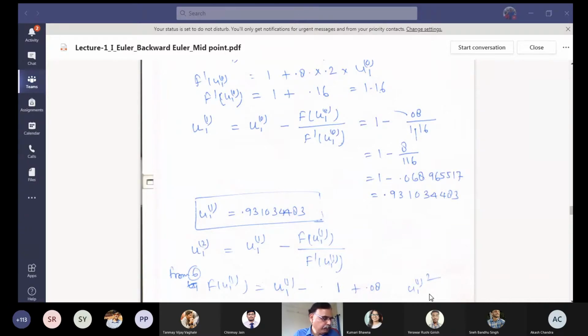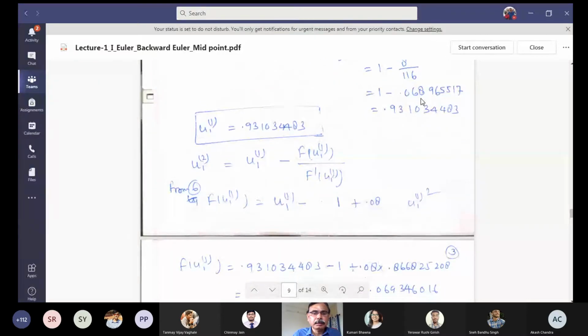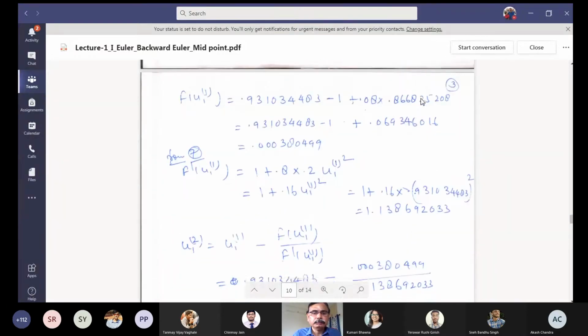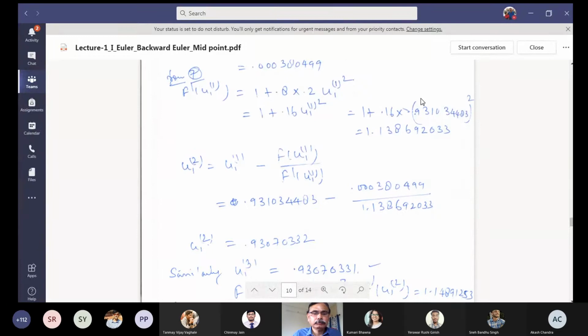Now, suppose we have fixed our value of U1 at U13, and the U13 value, I think it is there in the slide. U13, the value is coming to be 0.930703331.